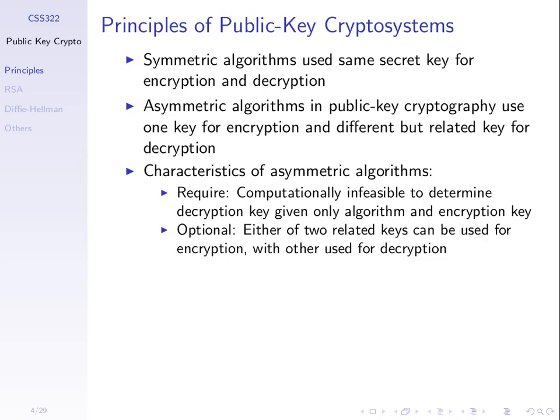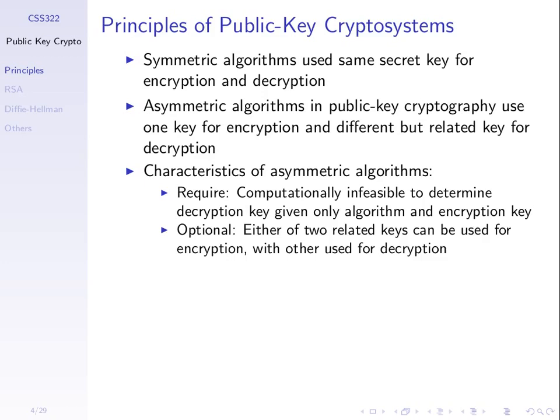And what we'll require is that because we have two keys, one will be used for encrypt, one for decrypt, one will be public, one will be private, it must be such that it's hard for the attacker, given one of the keys, to find the other.